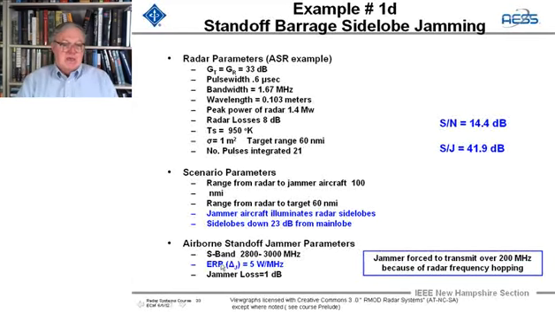And the ERP is now down, if you've got the same total power, it's now down to 5 watts per megahertz. We see that the signal-to-jammer ratio is 41 dB, is 42 dB, so we're going to be able to deal with standoff barrage jamming quite easily.